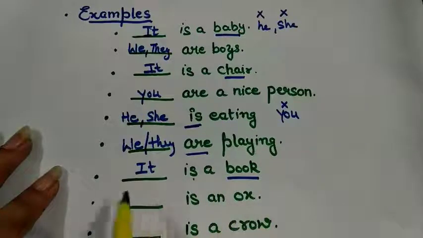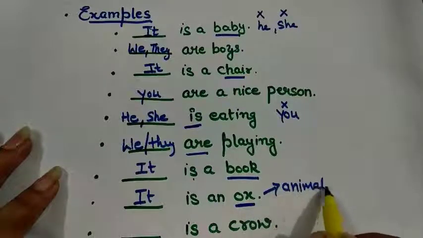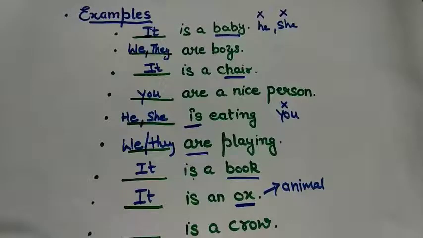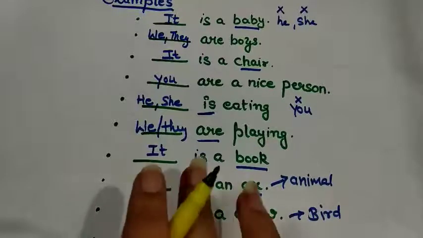It is an ox because ox is an animal. I have already told you that we use it for animals, birds and non-living things. Again, the example is here. It is a crow because crow is a bird and it is singular, hence we use it.